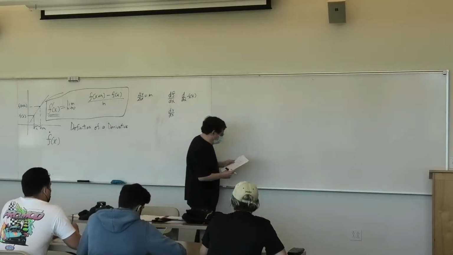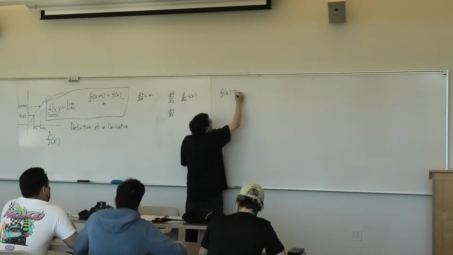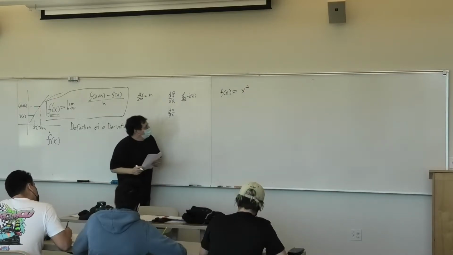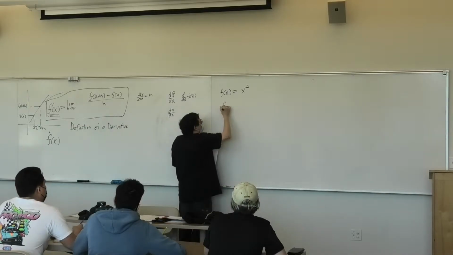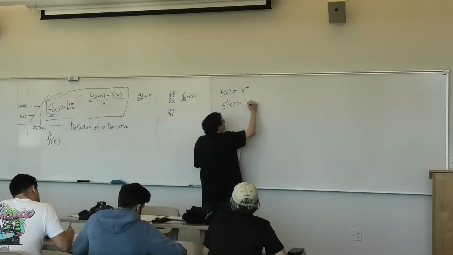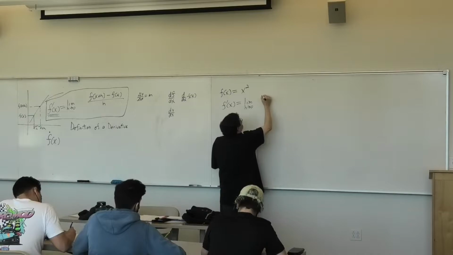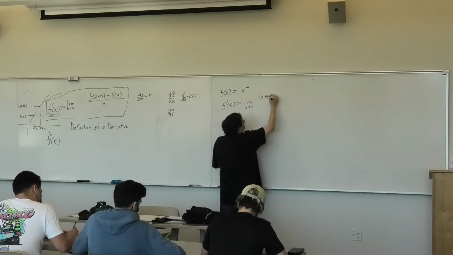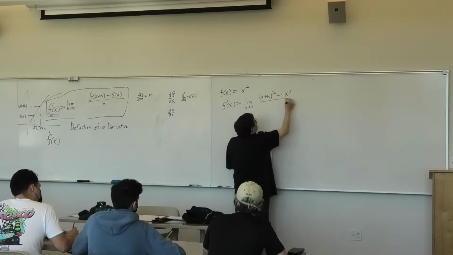All right, let's try an example of this. Let's say our function is good old vanilla parabola, x squared. So our definition says that the derivative of this function is the limit as h approaches 0 of f of x plus h, which is (x plus h) squared, minus f of x, which is x squared, over h.